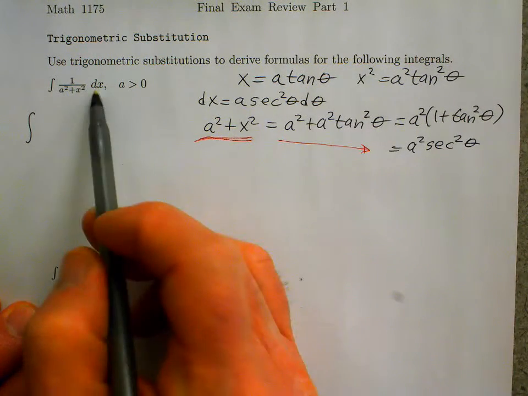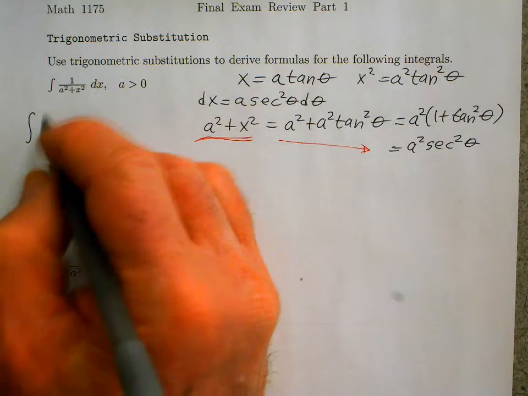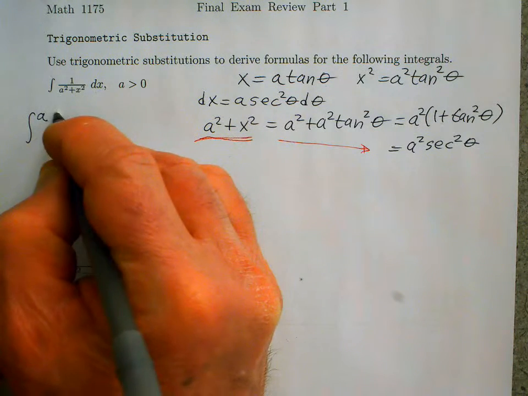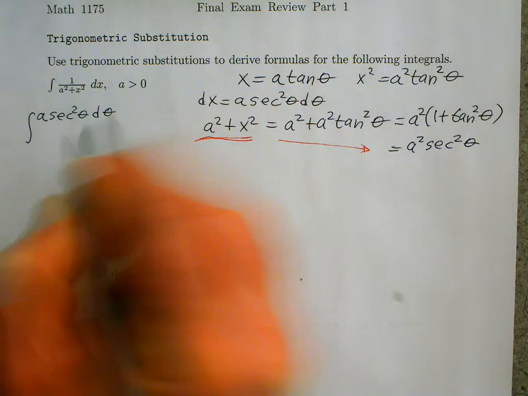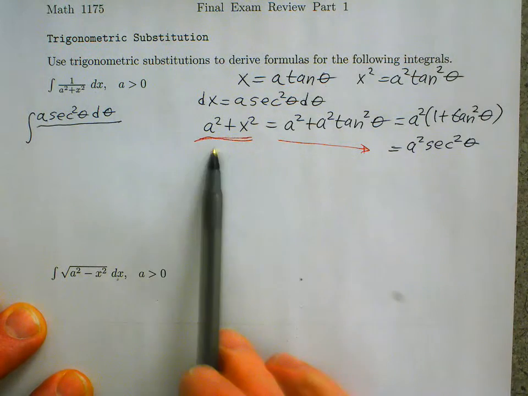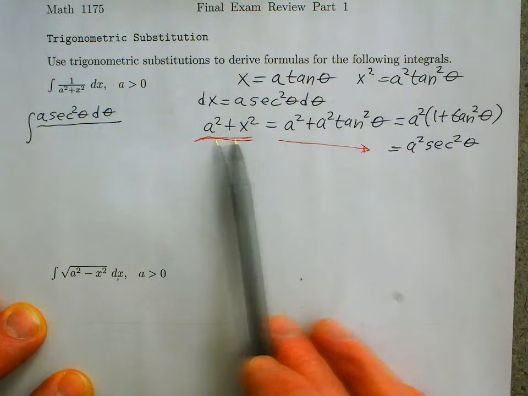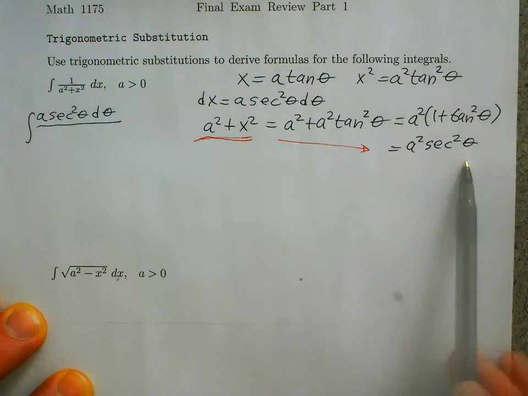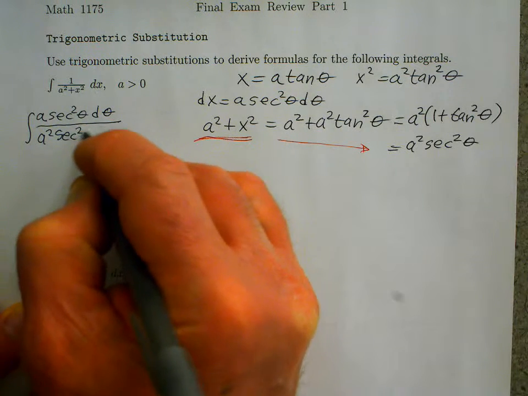So replace dx with a times secant of theta squared d theta. I'll go ahead and put it all in the numerator, a times secant of theta squared d theta. And then the denominator is, we are replacing a to the second plus x to the second with a to the second times secant of theta squared.